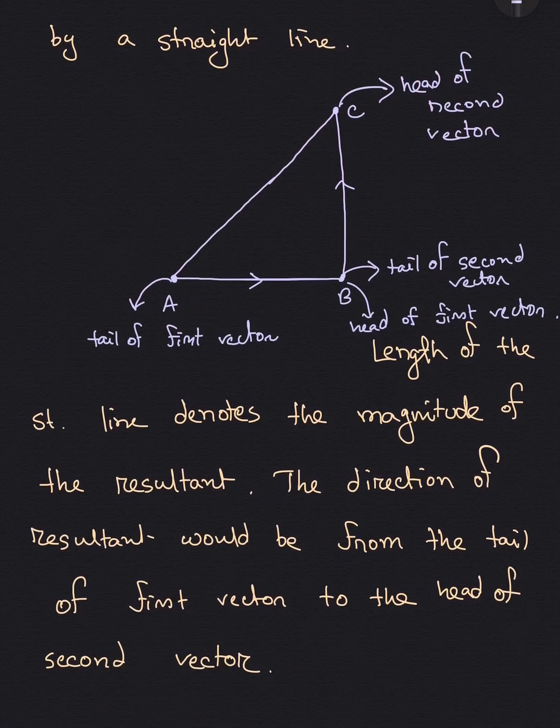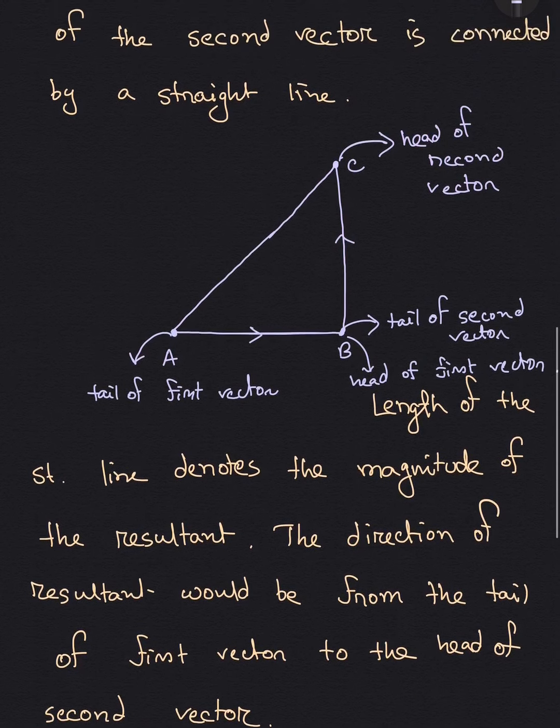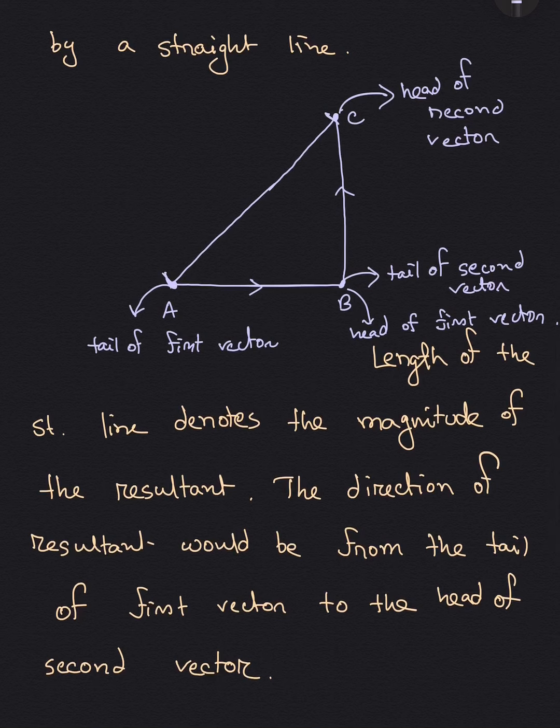The length of the straight line denotes the magnitude of the resultant. So we can see AC is the resultant of the two vectors, AB and BC. The direction of the resultant would be from the tail of the first vector, point A, to the head of the second vector, point C. So from A to C, this is the direction of the resultant.